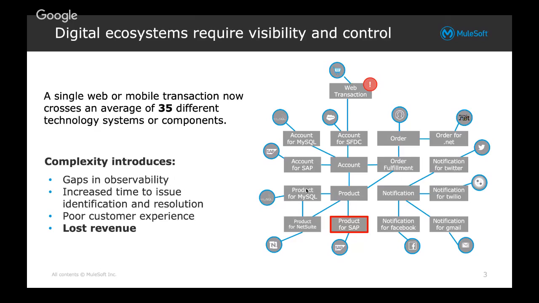If something goes wrong in any of these APIs, it's very hard to just look at the logs and figure out what the problem is, what the bottleneck is for the application network. It creates poor customer experience because if you take more time to resolve the issue, the customers will not be happy, and in the end, it causes loss of revenue. So we don't want that.